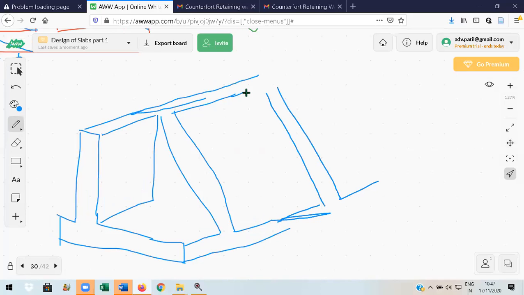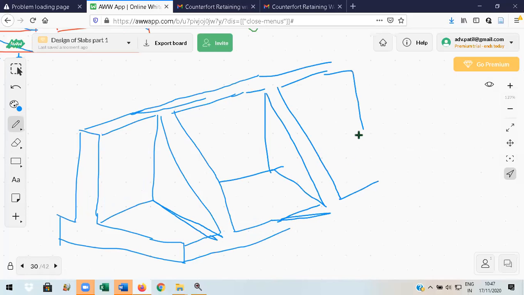I'll try to draw this like this. You can see this figure. Again, one more I'll show like this, and it goes on like this.